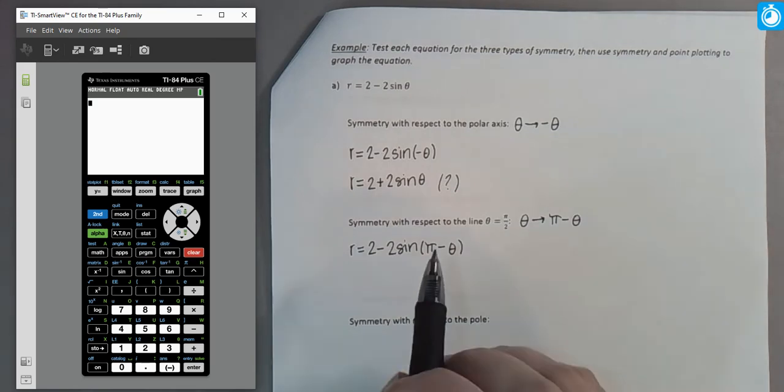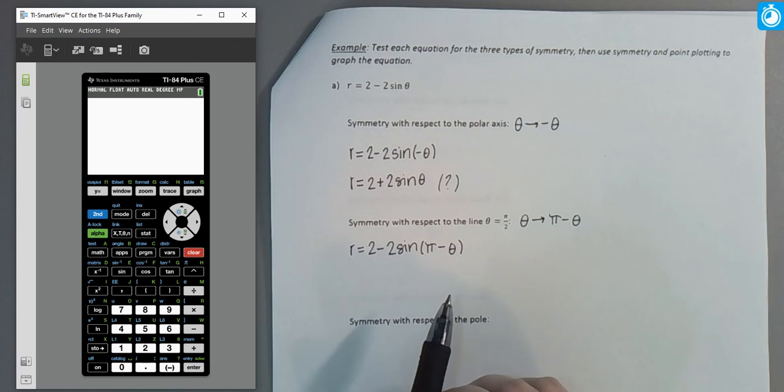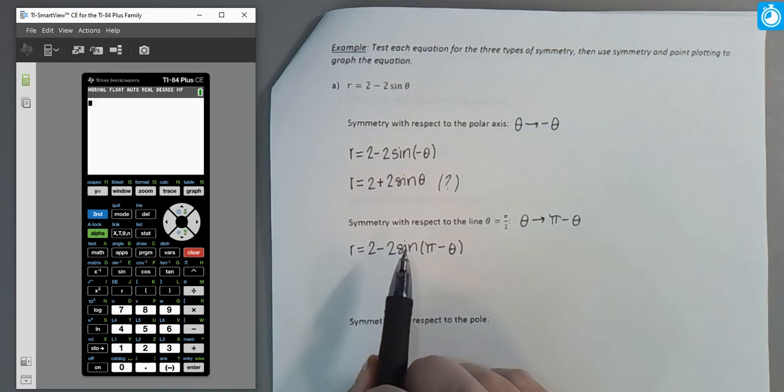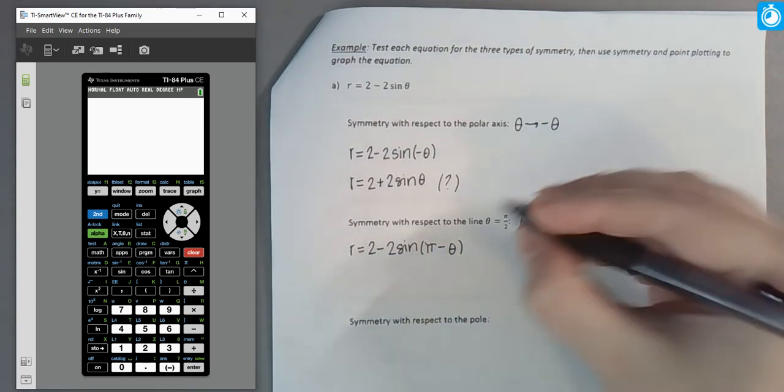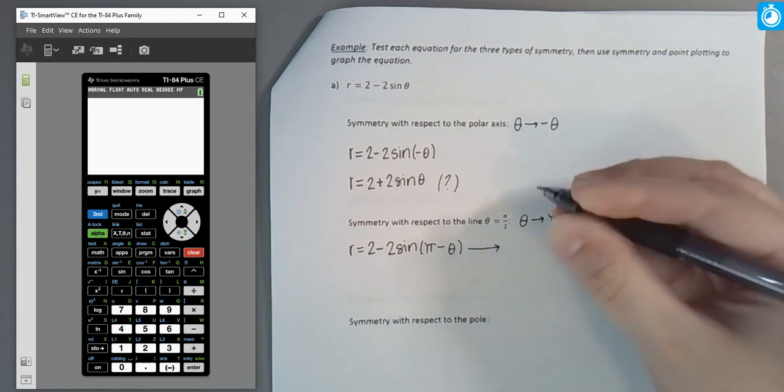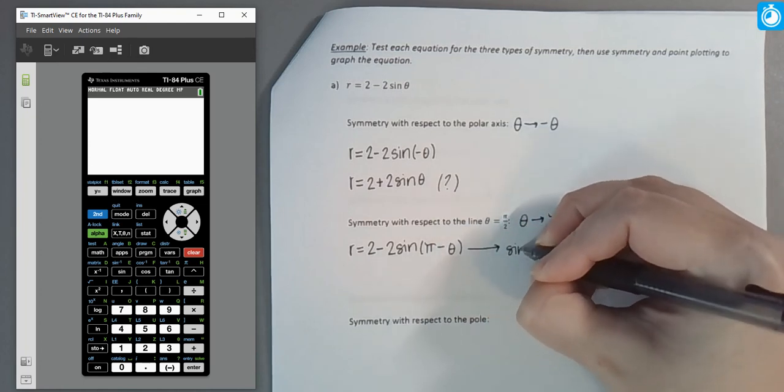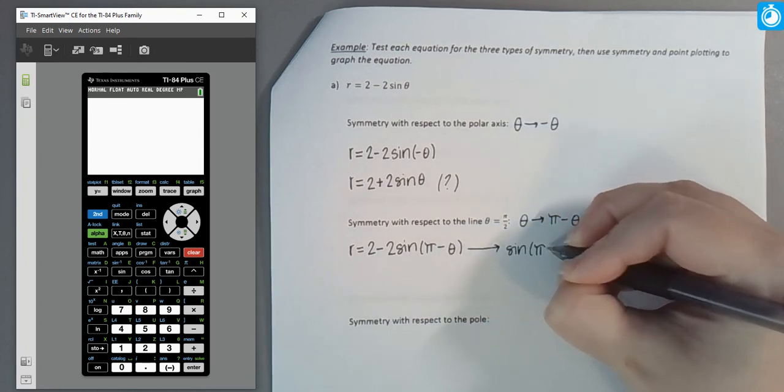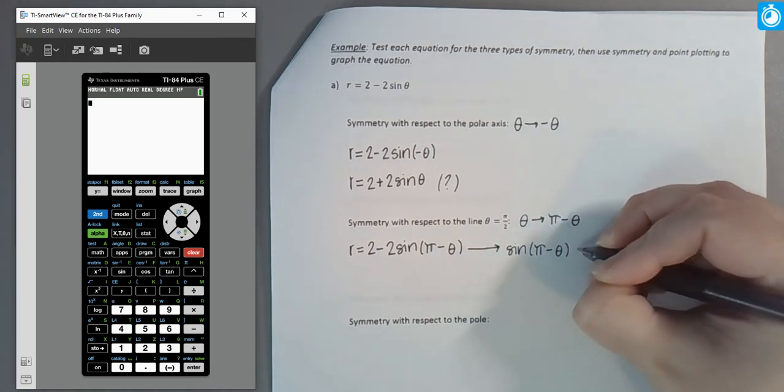Now I have the sine of something minus something else, which means I'm going to have to apply the sine difference formula. So I'm going to go out to the side and I'm going to work with that by itself. So just the sine of pi minus theta.